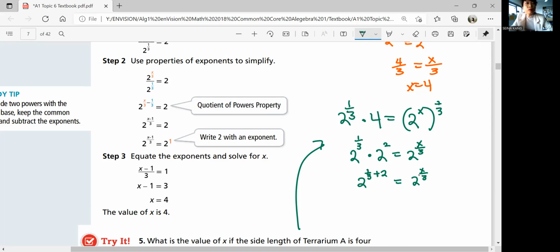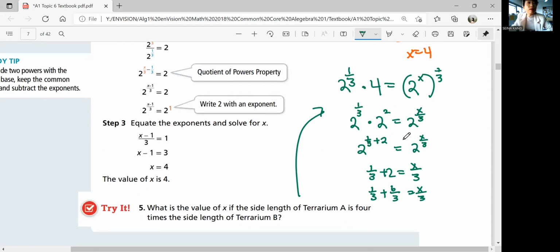That just means 1/3 plus 2 must be x/3. And 2 is really 6/3. So you have 7/3, it is equal to x/3, and your denominators are the same, which means you can multiply 3 on both sides and get rid of the denominator, and you can say x is equal to 7. Okay, so use the same rules and you'll get there.